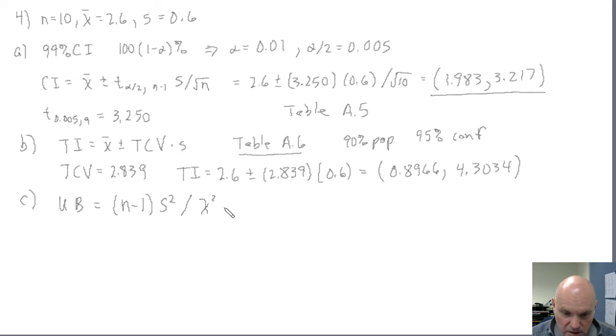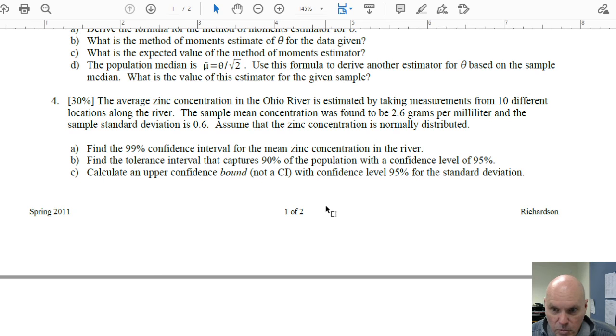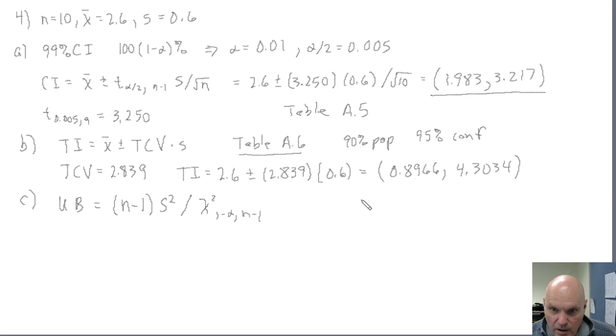And for the upper bound, it's chi-squared 1 minus alpha, n minus 1. Okay, and let's see again, in the problem here, 95% confidence. So alpha is actually 0.05. Now, if you look at the formula for the confidence interval, it involves 1 minus alpha over 2, and then an alpha over 2 value for the other limit.